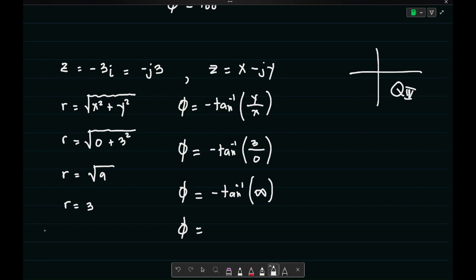That is 90 degrees. Sorry, that is negative 90 degrees. So the polar form of that is a magnitude of 3 and an angle of negative 90 degrees.